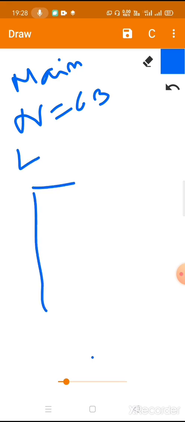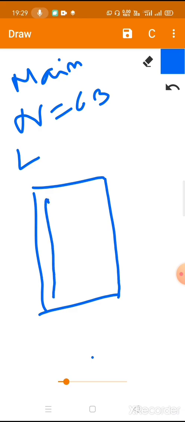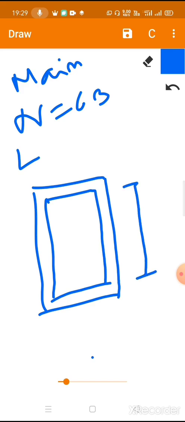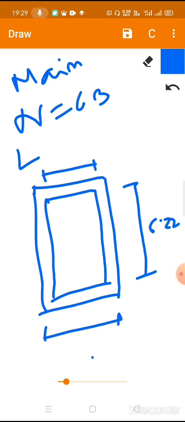So this is our slab. This was 6.22. How much is this one? This whole length was 3.3, I think.